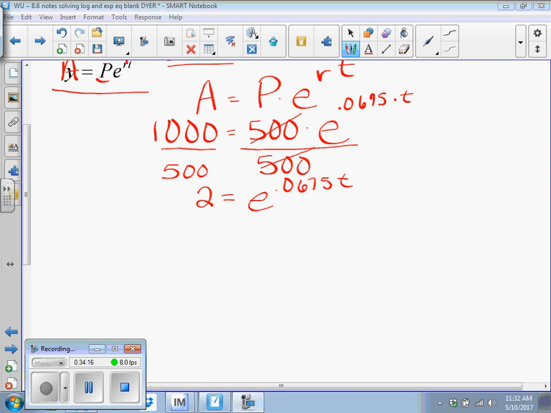What do I do now? How do I get that variable out of the exponent? I'm solving for t. Log. Take log of both sides. Take the log base e of both sides.